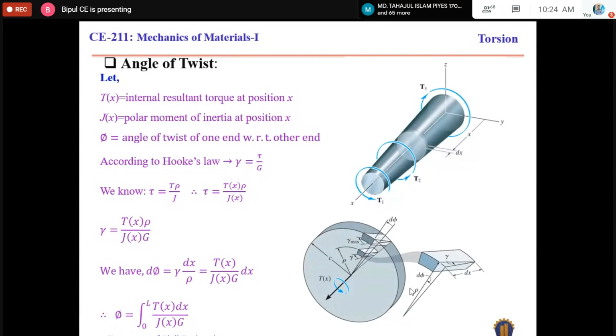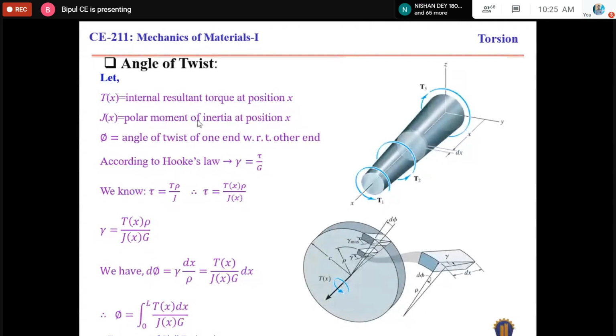But the rotation of the front surface and the rotation of the back surface will not be the same, and the difference between the rotations is known as the angle of twist. Say the front surface has been rotated by 2 radian and the back surface by 1 radian. Then the angle of twist will be 2 minus 1, that means 1 radian.